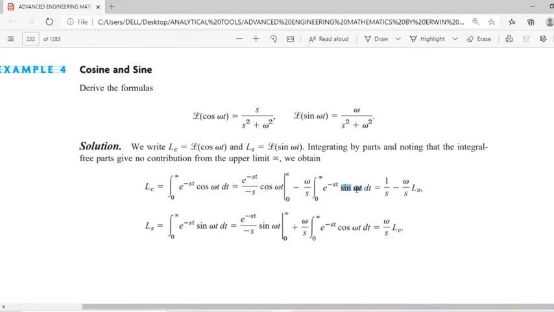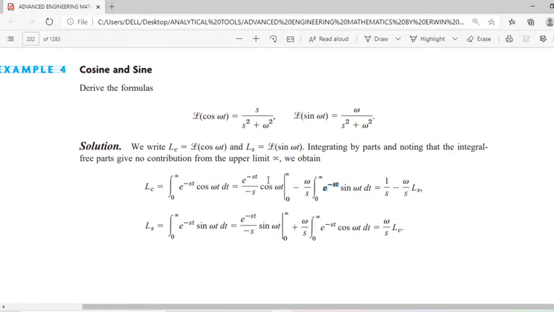So omega is taken outside, and a minus will come outside. And the integral of e raised to minus st is e raised to minus st by minus s. So there are two minus signs inside the integral, that will get cancelled and the actual minus sign remains there, divided by s, and s is taken outside.